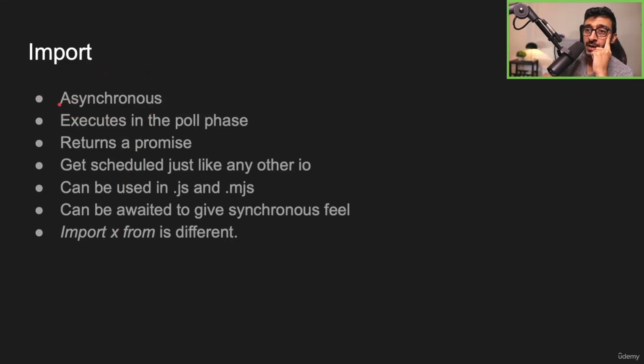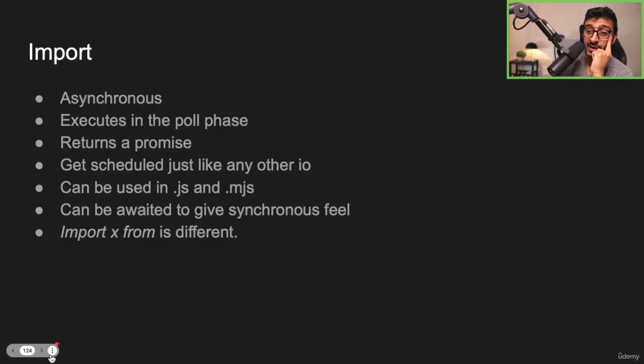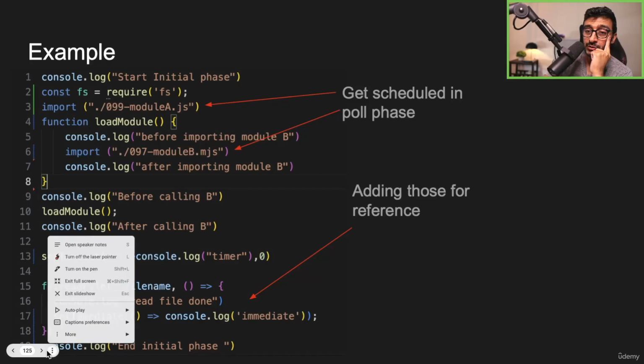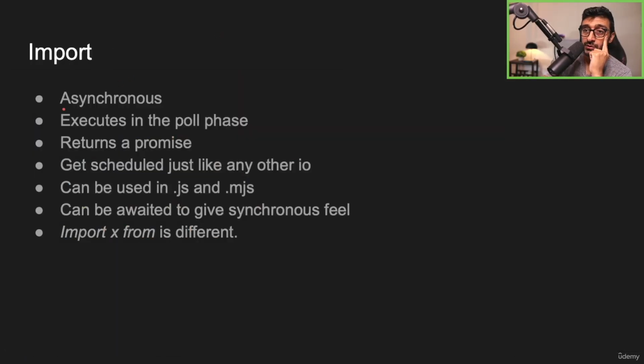Very clear. Okay, import. That's the selling point of import, guys. The selling point of import is that it's asynchronous. If you feel that you're requiring a lot of stuff and you're overloading the initial phase, and you really don't need things to be synchronous, then you can make it asynchronous and defer it to the poll phase.